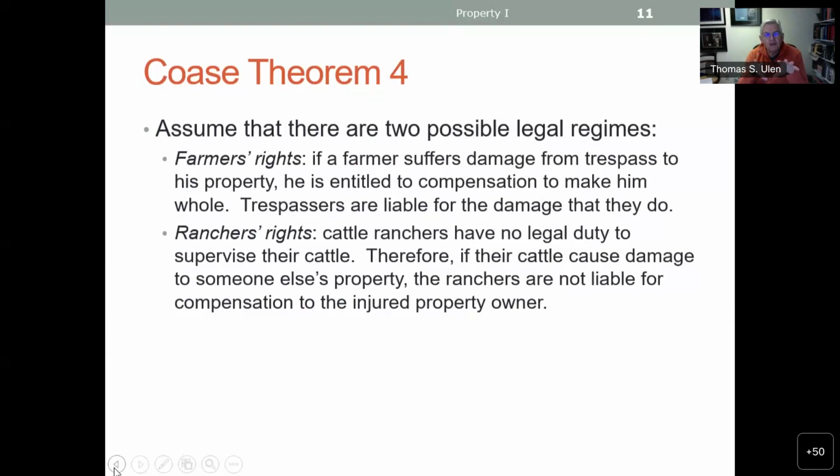So the power of this example that I'm about to go through, I'm like a magician who's telling you how I do the trick. The power of this example from Professor Coase is that it's going to illustrate that it doesn't matter what the legal regime is when transaction costs are zero. The most efficient use of resources is going to occur. Okay, next slide.